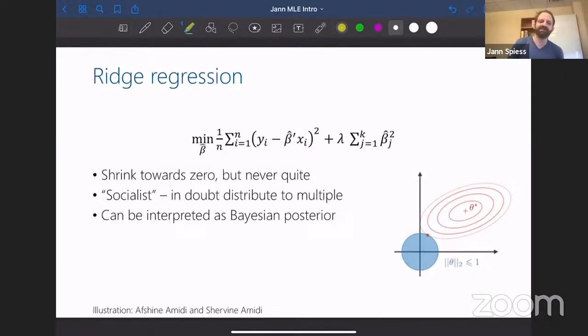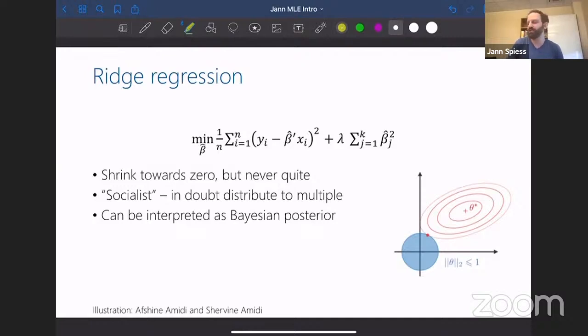And so unlike the lasso, which produced a sparse solution, this solution, which Sendhil calls socialist, creates a solution where the coefficients are likely to be distributed. So rather than picking out a single coefficient that is non-zero, this solution tends to produce coefficients that are more equally distributed, meaning that in doubt, I would produce non-zero coefficients on all the variables rather than producing sparse solutions.